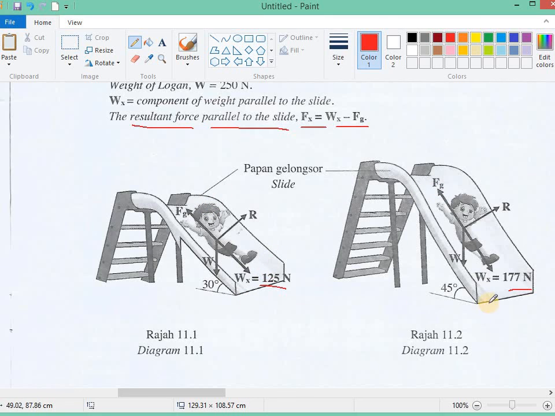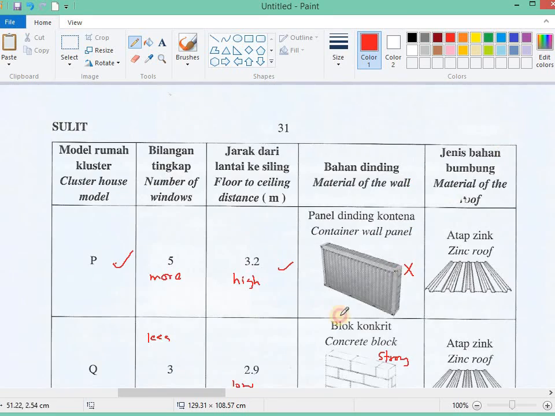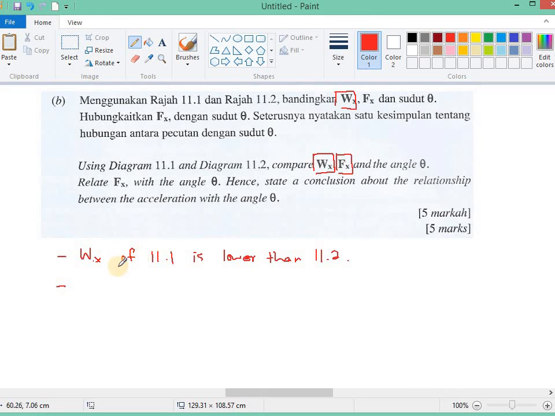So the one that has a higher weight component, that means the higher Wx, will have higher Fx. So Fx of 11.2 is greater than 11.1.